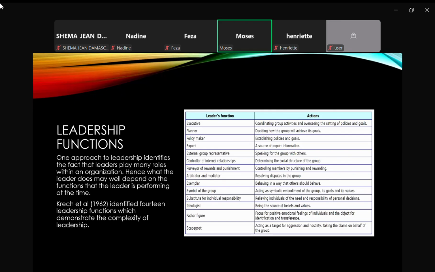And a researcher called Kresh and others came up with 14 leadership functions that people in leadership positions can do. I'm not going to talk about all of them because you can read them, but this is something you can get in your question.